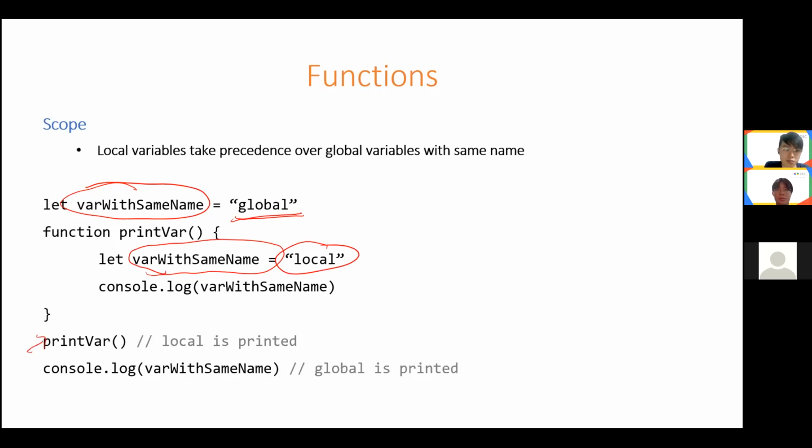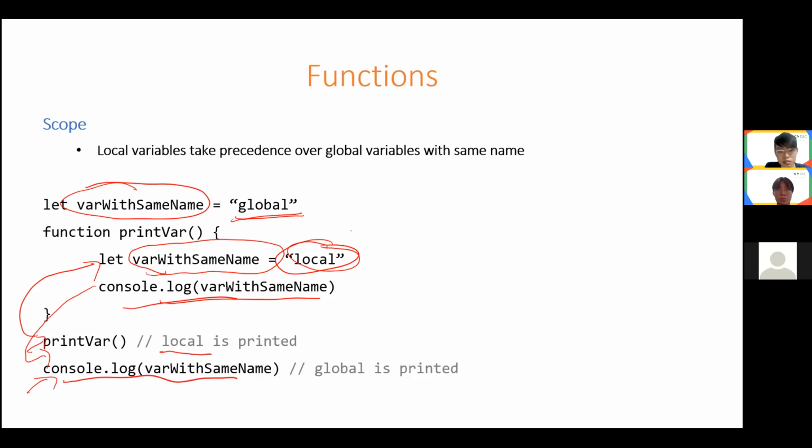So when I run this function, I go up here, I initialize a local variable inside this function called var with same name to the value of local, and I log it out. And since it's equal to local, inside this local scope, local is printed. Now after I execute this, I go out, and then I come here. I console log var with same name.